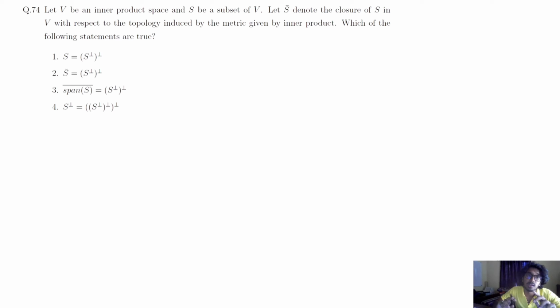V is given to be an inner product space and S is a subset. Remember, this S is a subset, not necessarily a subspace. And S bar denotes the closure of S in V with respect to the topology induced by the metric given by the inner product.